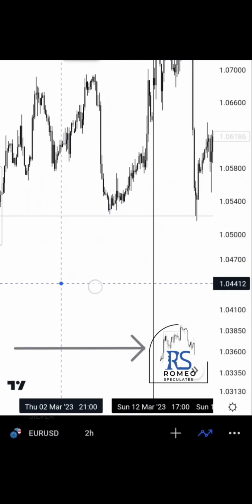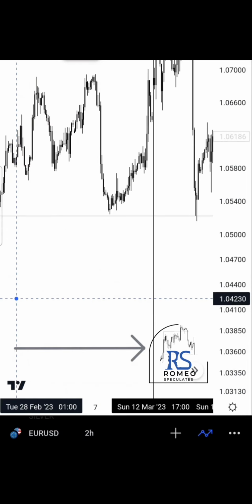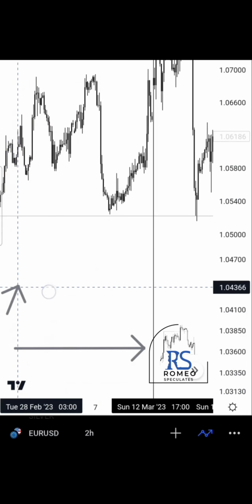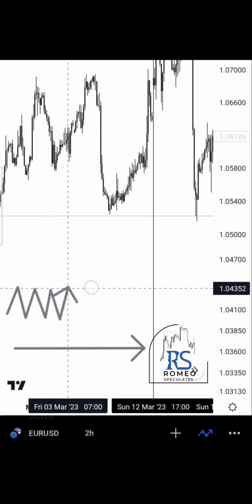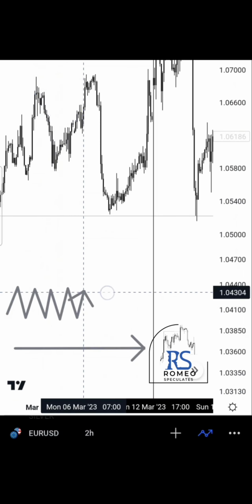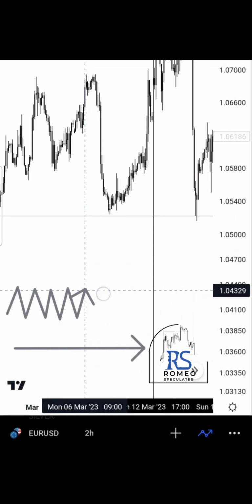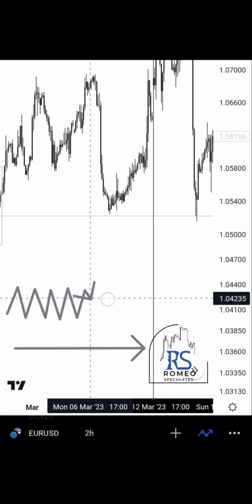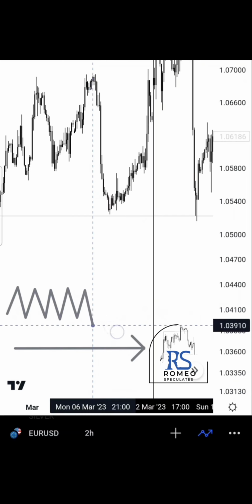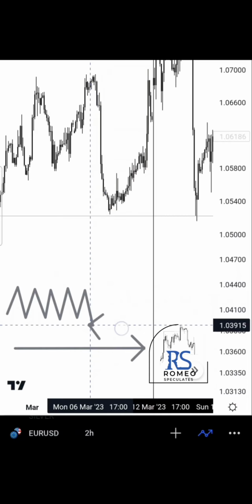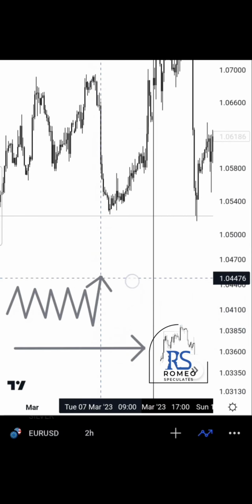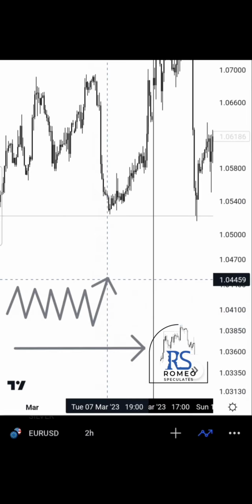Usually, before hitting a key level, we're going to see some sort of consolidation. Yep, like that. And then we see a false market structure shift, suckering in everyone. This is turtle soup, and then another turtle soup to sucker them in.